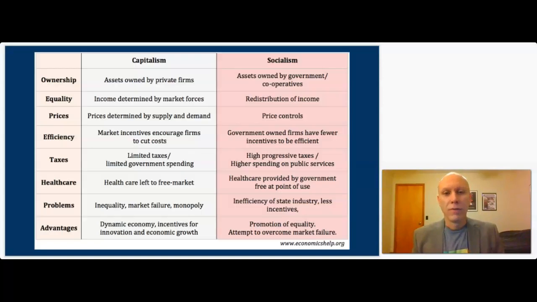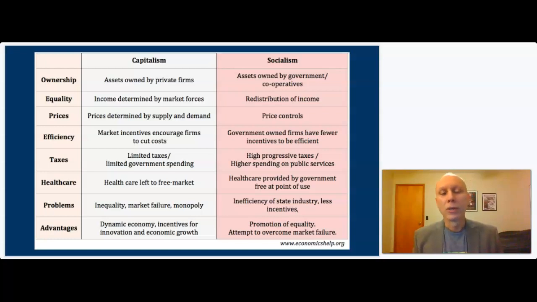Now, in today's video, really what I want to do is talk a little bit about some of the key things that might represent differences between capitalism and socialism, and then talk about one of the ways in which we'll try to draw some of the distinctions. So if you look at the screen right now, I've got a chart up here that's got capitalism and socialism across the top, and then has a variety of categories going down the left-hand side.